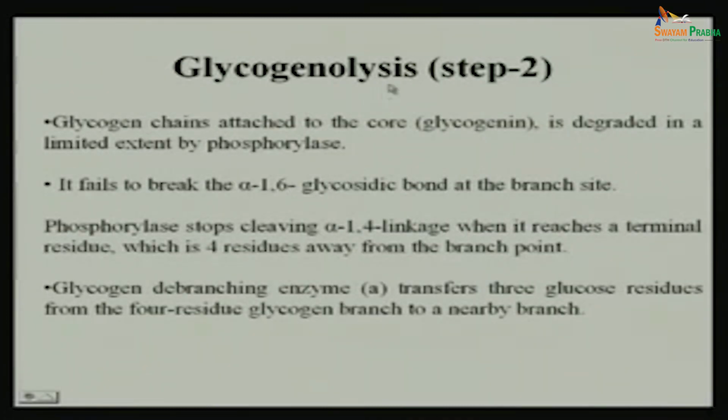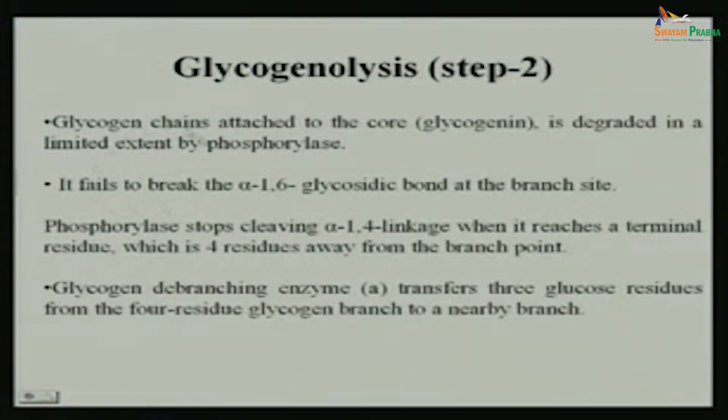Coming to step 2, we can see that the glycogen chain attached to the core glycogenin protein is degraded to a limited extent by the phosphorylase enzyme. It fails to break the alpha-1,6 glycosidic bonds, that means the branching chain, as opposed to the straight chain.